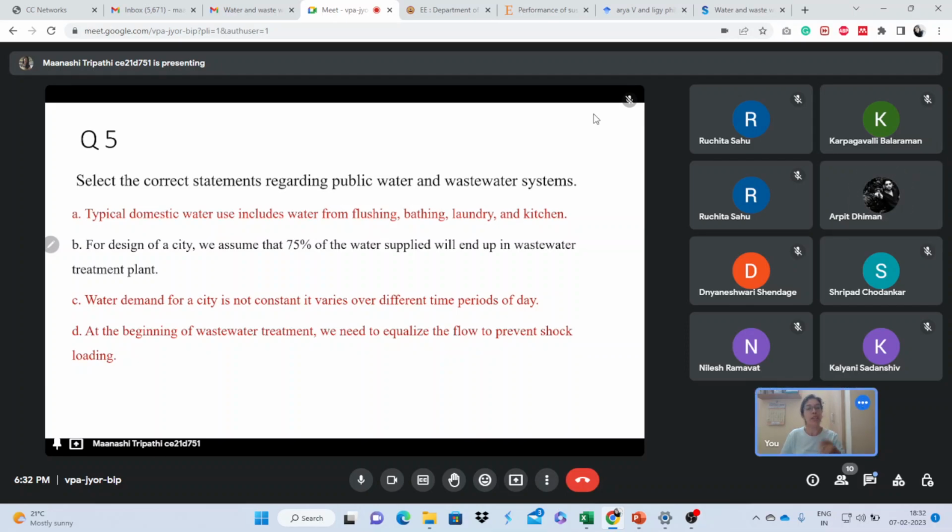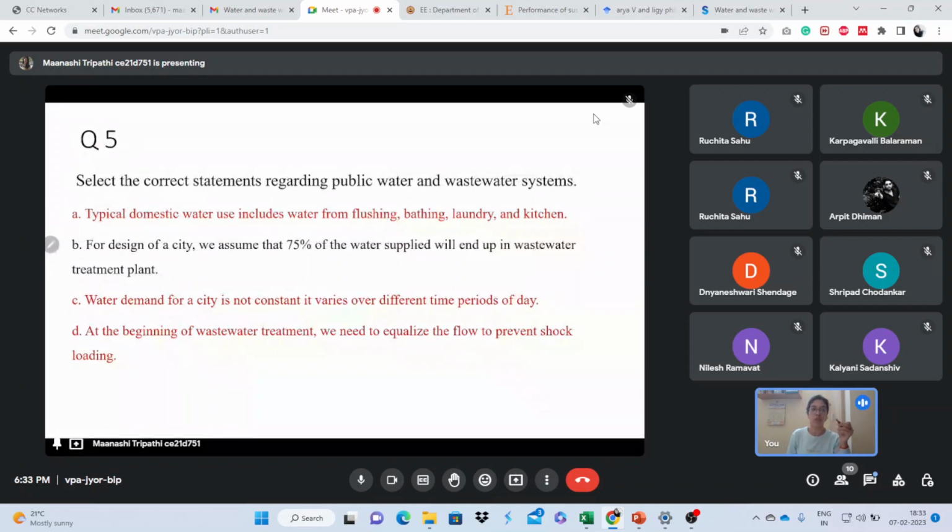It will be different for different cities, and for different water supply connections. For example, if there is a society in which water comes from 6 a.m. to 10 a.m. and in the evening 6 to 8, then the wastewater generation will be very different from a society in which water comes the whole day. So yes, your option is correct.